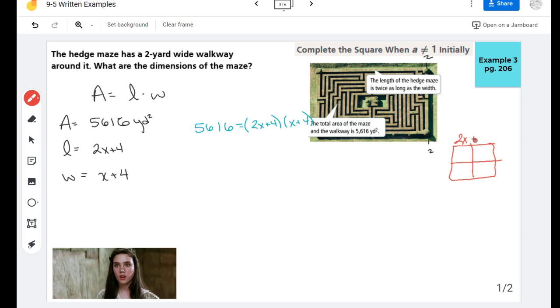So I'm multiplying 2x plus 4 and x plus 4. So 2x times x is 2x squared. X times 4 is 4x. 4 times 2x is 8x, and 4 times 4 is 16. So this part here is 2x squared plus 8x and 4x is 12x plus 16.